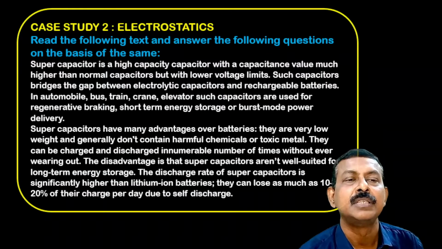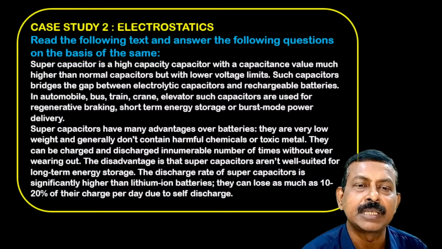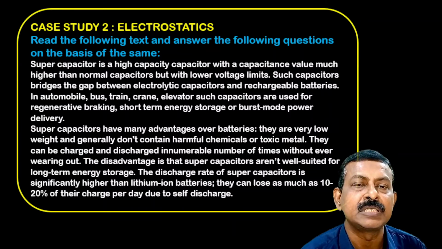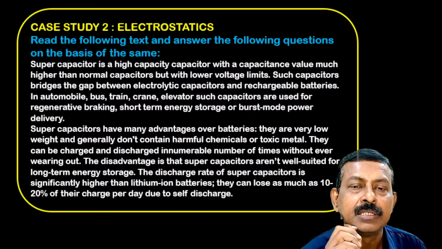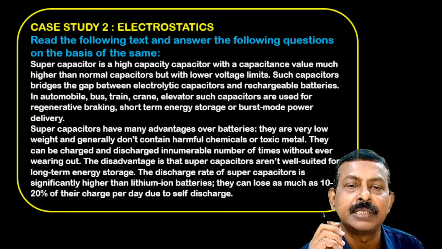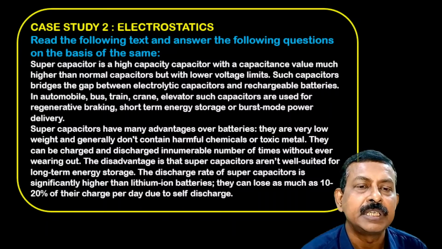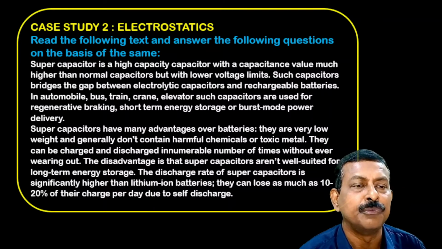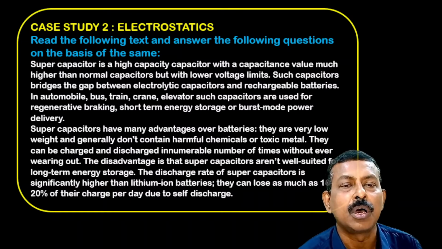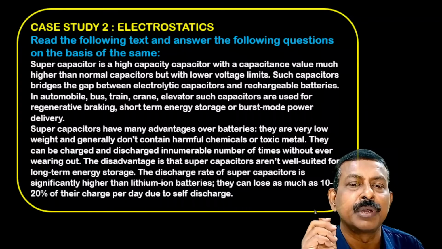Let's take now the second case study question. A supercapacitor is a high capacity capacitor with a capacitance value much higher than a normal capacitor, but with a lower voltage limit. Such a capacitor bridges the gap between electrolytic capacitors and rechargeable batteries. In automobiles, buses, trains, cranes, and elevators, such capacitors are used for regenerative braking, short-term energy storage, or burst mode power delivery. Supercapacitors have many advantages over batteries.